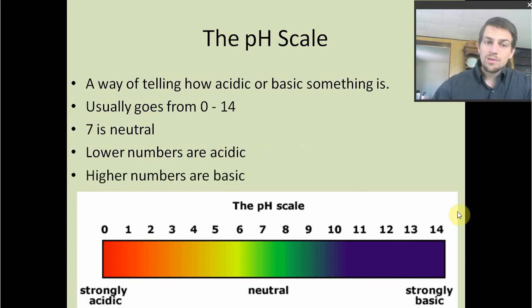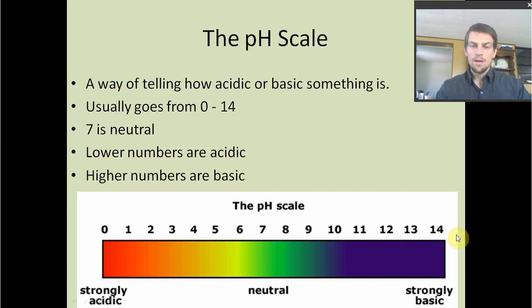Finally, higher numbers are more basic. So if you're up at 14, that's a very, very strong base and very dangerous. So the more toward the middle of the scale you are, the kind of lower key the chemicals are. But when you get towards either end, either towards 0 or towards 14, it's going to be much more dangerous and much more reactive. So this is your pH scale, and right here it's nice rainbow colors to help you visualize it.